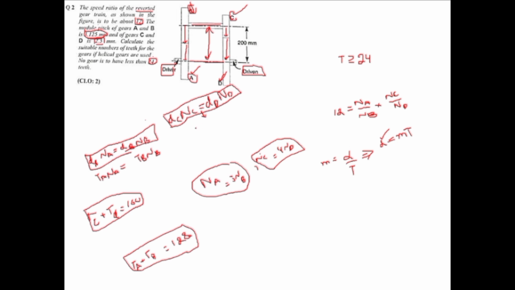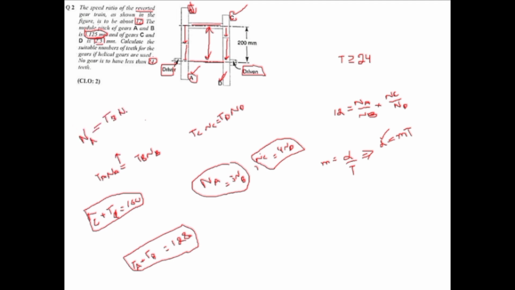Doing the same step for this as well, you will get tc Nc is equal to td Nd. Now if you rearrange this equation for Na, you will get Tb Nb divided by Ta. And similarly for Nc, you will get Td Nd divided by Tc.